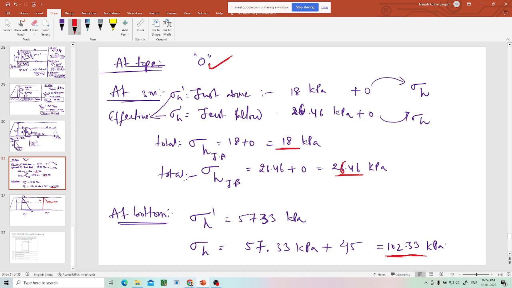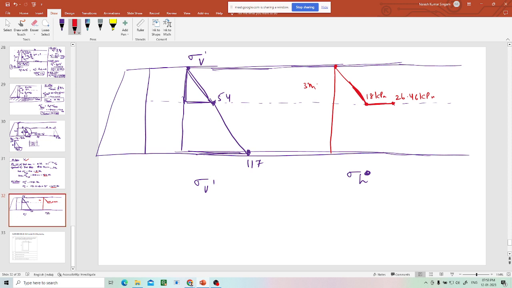Total you have to find out always. 18 and 26, and at the bottom it is 102.33. So this is nothing but this depth, this width. It is also kPa. Now you have got the sigma h diagram.